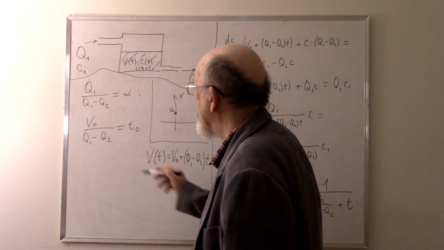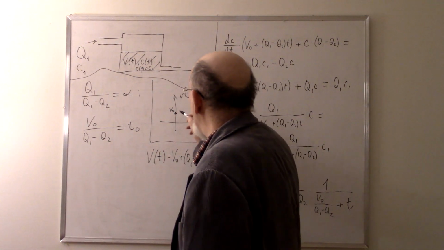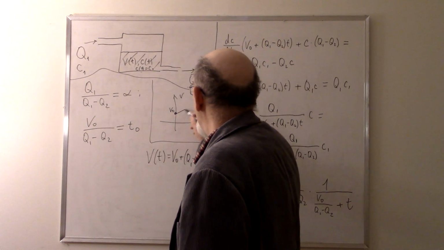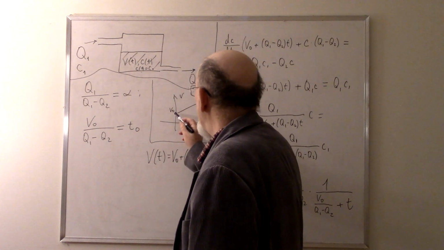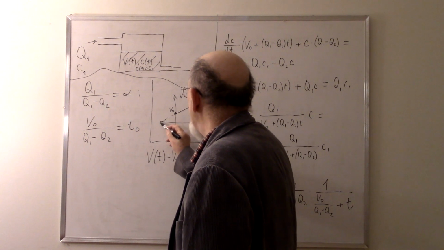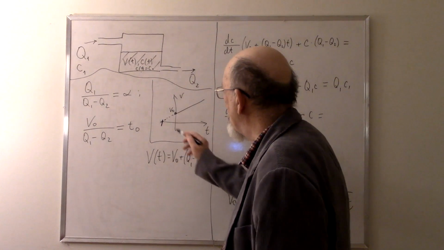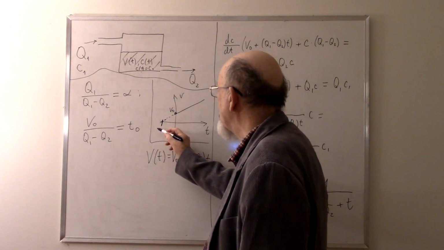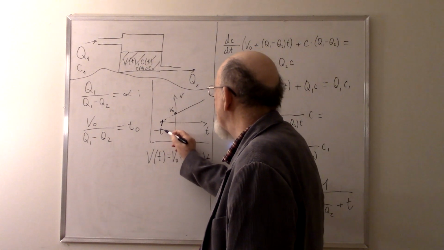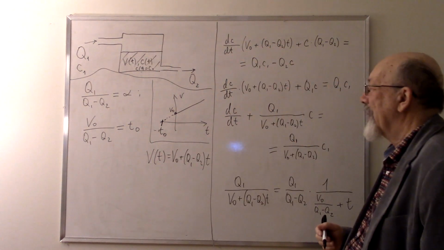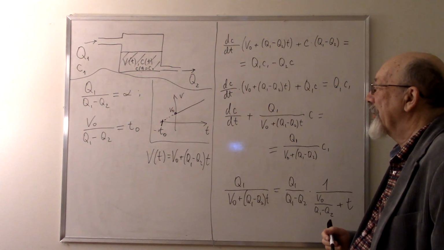Now suppose Q1 is more than Q2, then this is a growing linear function, and if you continue it back, then at some moment it was 0, and this moment is exactly minus t0.